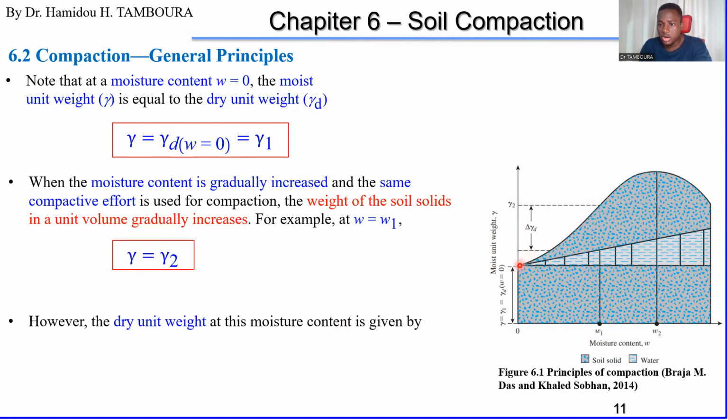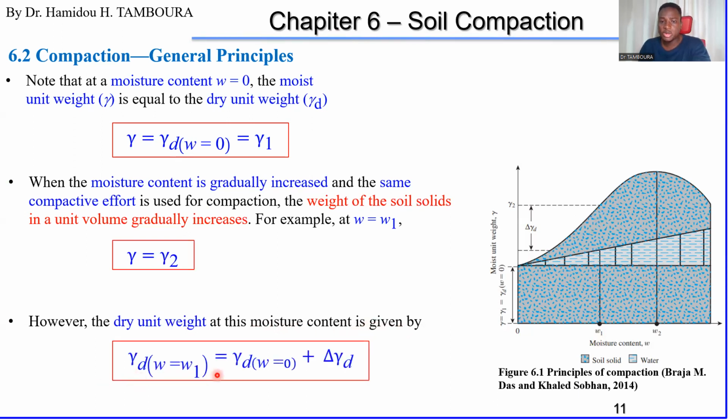So it means we have an increment of dry unit weight, delta gamma D, which is gamma 2 minus gamma 1 here. Okay, technically this one should be here. So the dry unit weight at this moisture content is given by this formula.